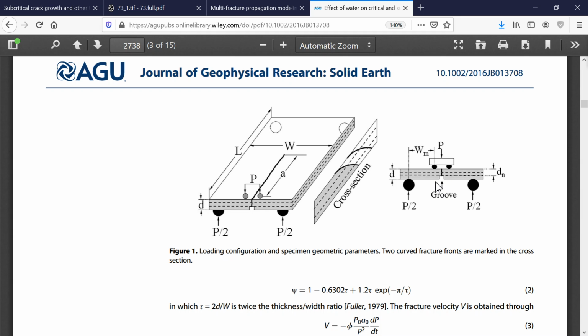that subcritical index. So basically what we have here is a rock slab in which a force is applied on two rollers, and you have here the reaction from two other rollers, such that when you apply the force in this location, you're going to generate a high stress intensity at a pre-made tip, so that the fracture is going to start to propagate here in the middle.